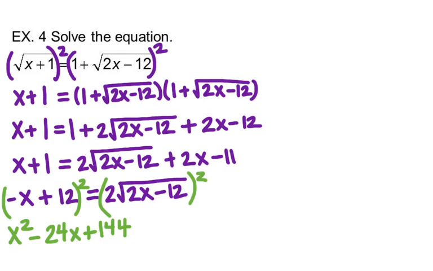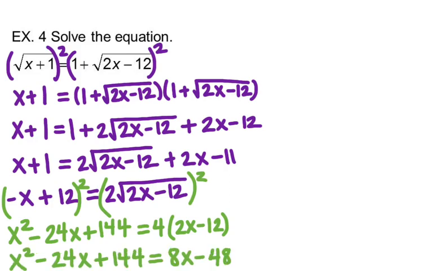On the right-hand side, I'm going to have to square the 2, so that's going to give me 4. And then the radical is going to cancel out with the square. So 4 times 2x minus 12. So now I'm going to distribute that 4. So that will give me 8x minus 48 on the right.